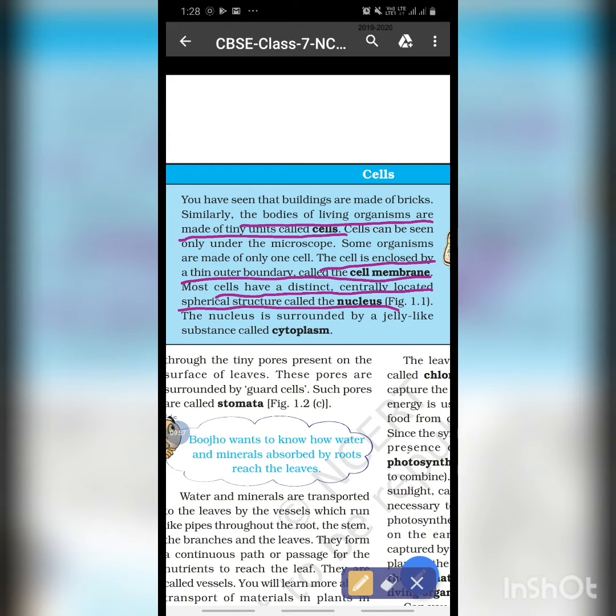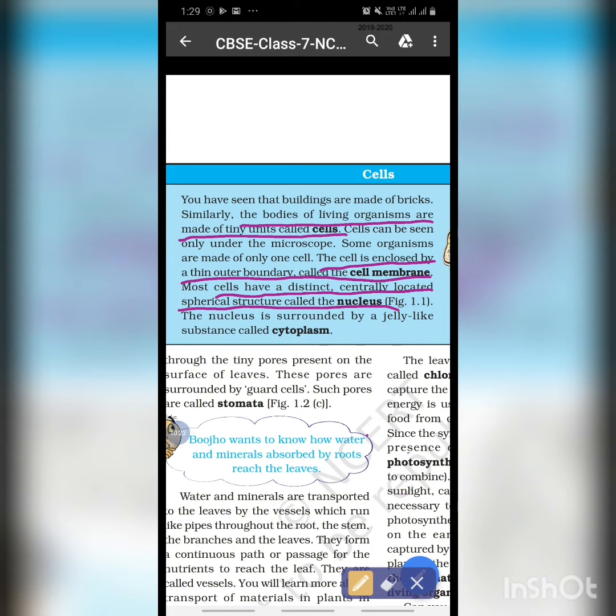Next, the nucleus is surrounded by a jelly-like substance called cytoplasm. We have learned that cells have a thin outer boundary called the cell membrane, and most cells have a centrally located spherical structure called the nucleus, and that nucleus is surrounded by a jelly-like structure.